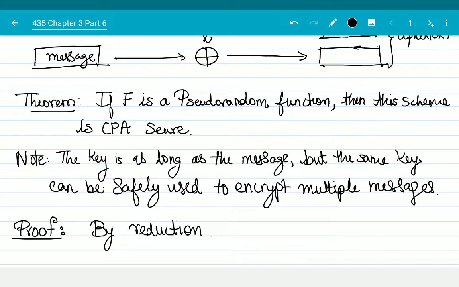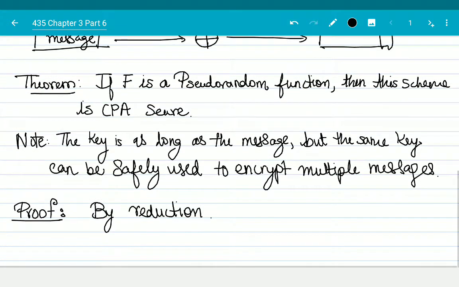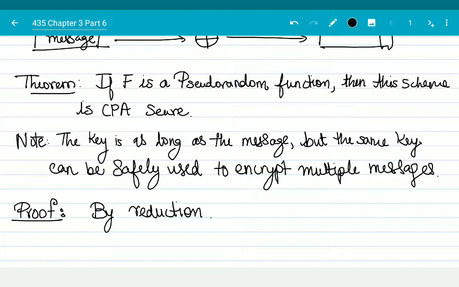We are going to create a distinguisher D which succeeds only if my scheme could be broken, and we will show that because such a distinguisher does not exist, it means that the scheme is secure. I will not present the full details. Full details are in the book.